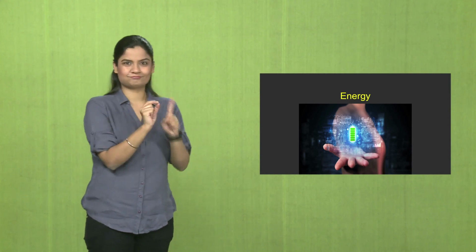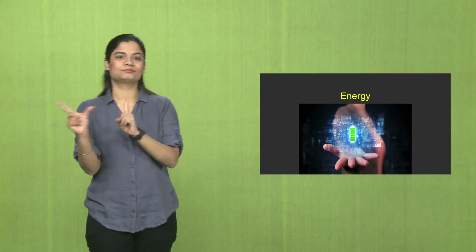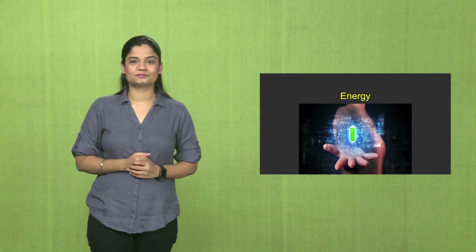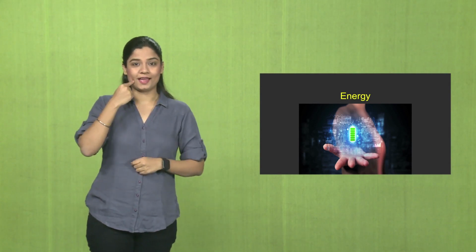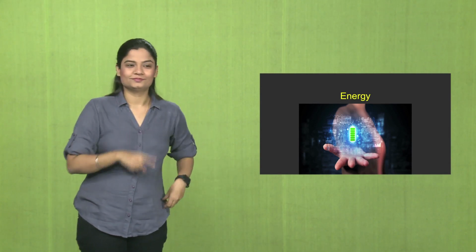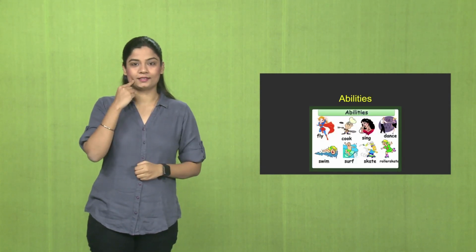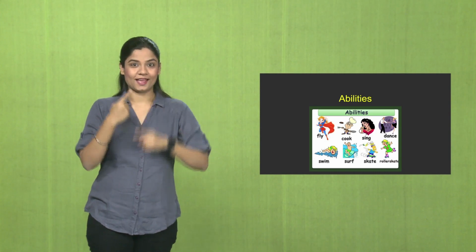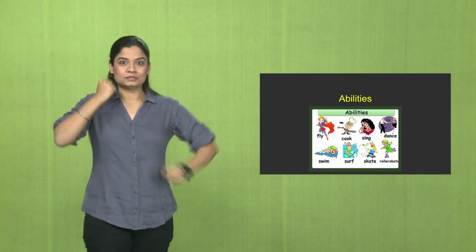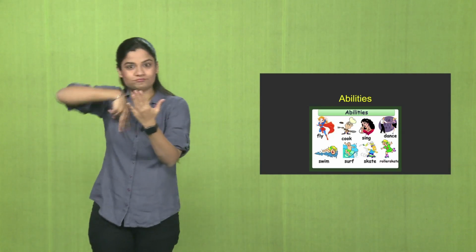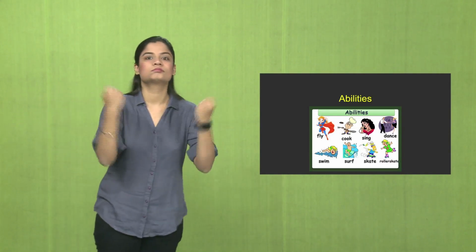Energy, as you can see in the picture, the strength and vitality required for physical or mental activities. Abilities, as you can see in the picture, possession of different skills to do something, like cooking, singing, dancing, swimming, etc.